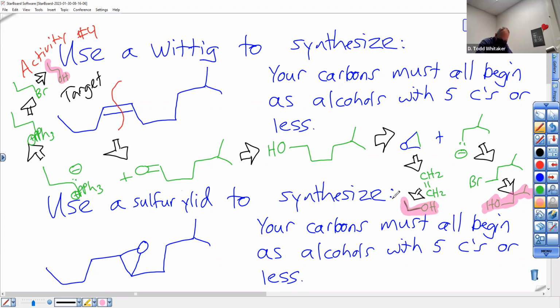Okay. So we don't have to write the reagents? Now you do have to write the reagents, but that is the next part. So on the test, the real words would be: perform a retrosynthetic analysis on this target molecule that ends with alcohols of 5 carbons or less. And that's part A. Part B, show the forward synthesis.